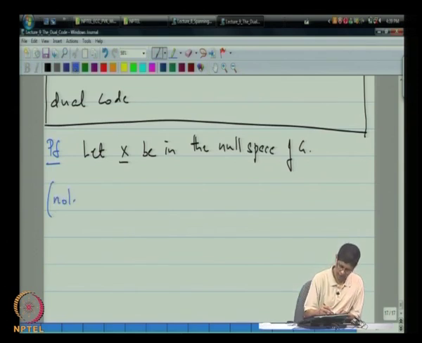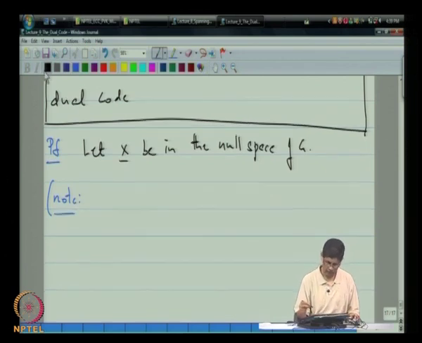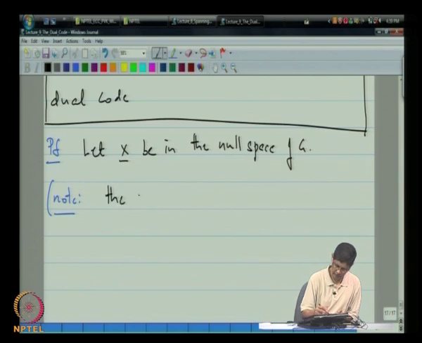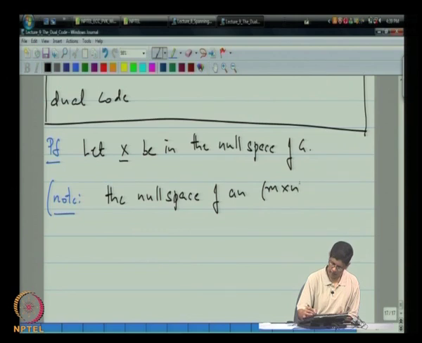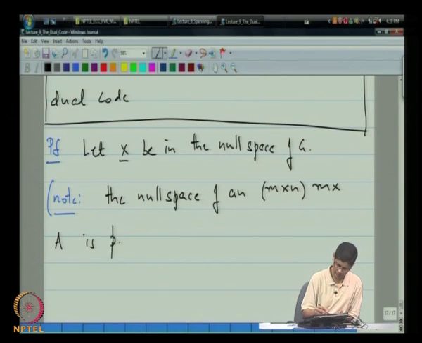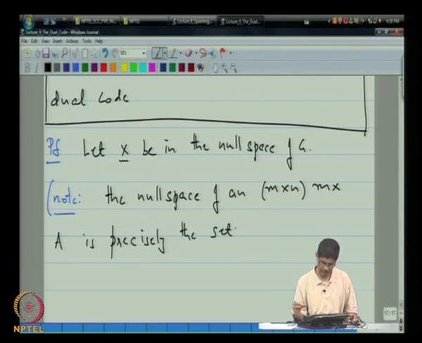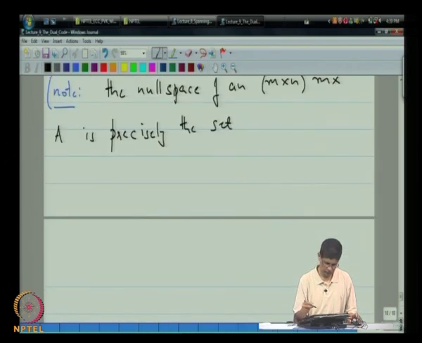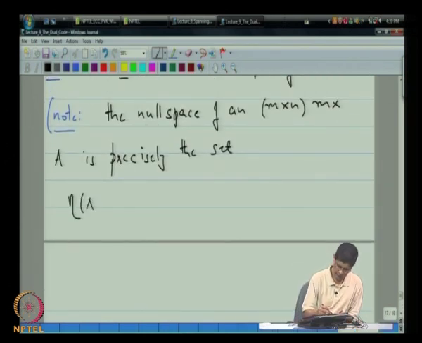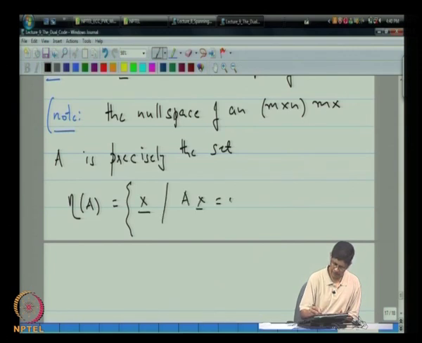Note the null space of an m by n matrix A is precisely the set, so, I am going to write script N of A to denote the null space, is the set of all vectors x such that A times x is 0.